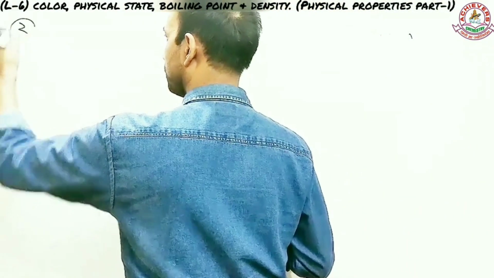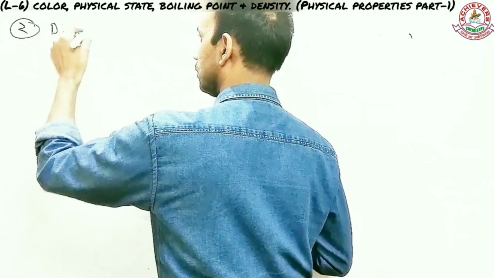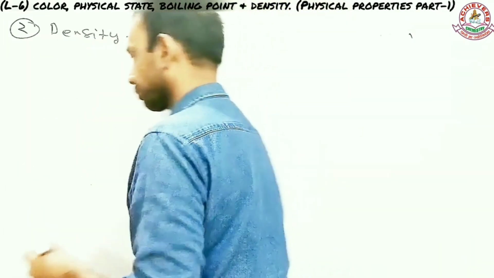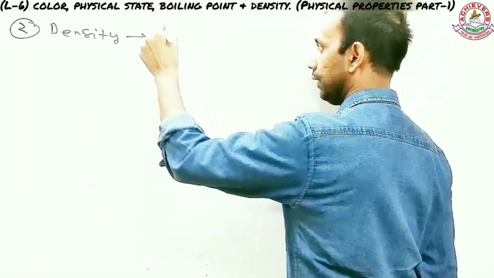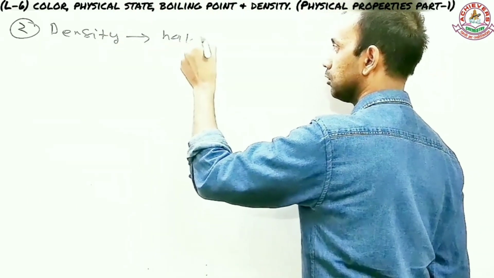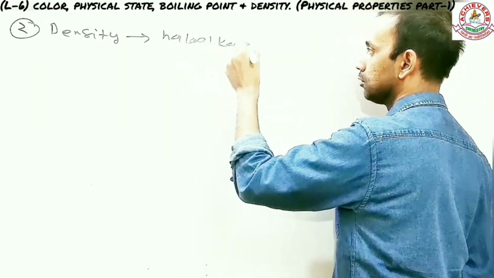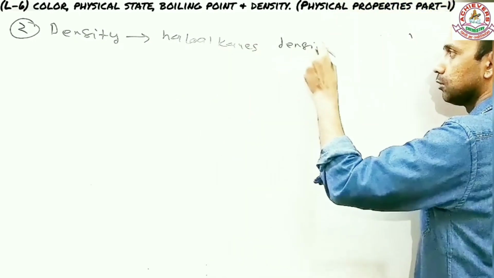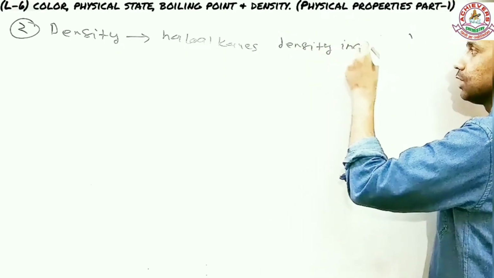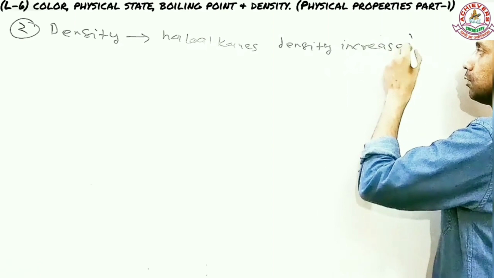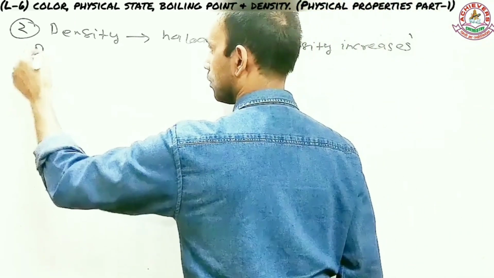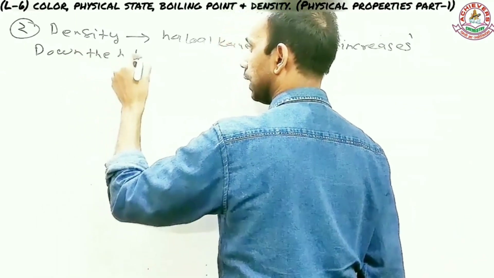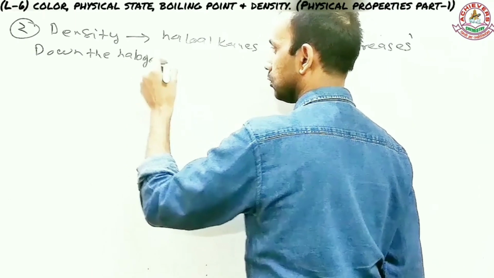So the third property I am talking about is density. Haloalkanes, density increases down the halogen group.